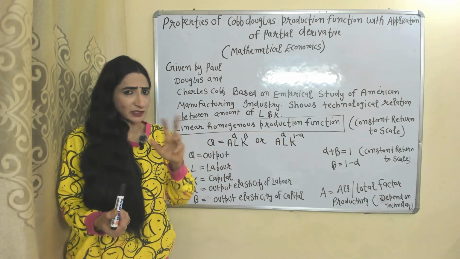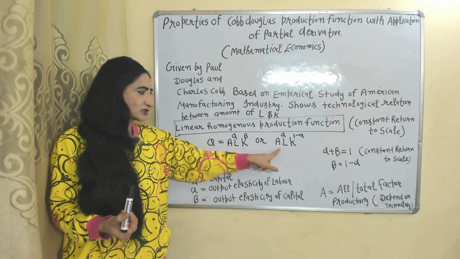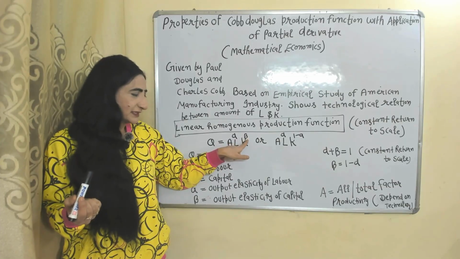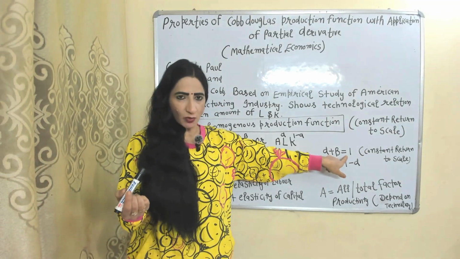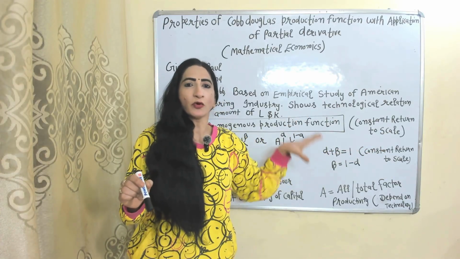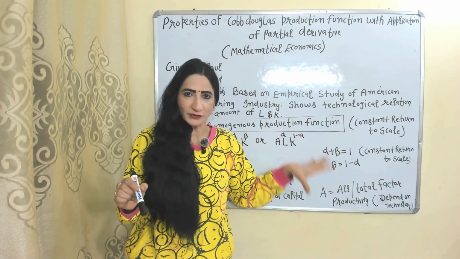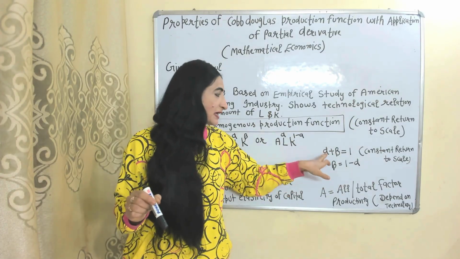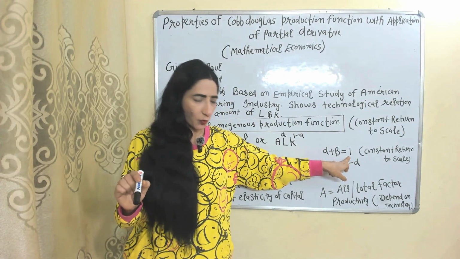We can represent production function in two ways, either this or this, but the meaning of both is the same. But how? Alpha, beta. If alpha plus beta is equal to 1, that means we are receiving constant returns to scale. And Cobb-Douglas production function follows constant returns to scale. That means in case of Cobb-Douglas production function, alpha plus beta is equal to 1.